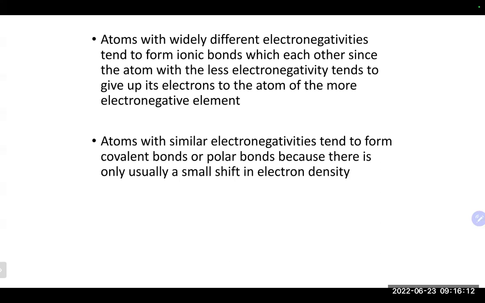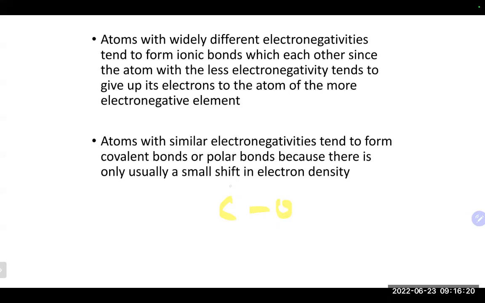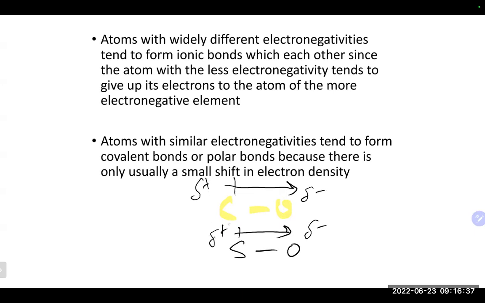If it is a polar bond like we had with carbon and oxygen, you can use dipole arrows to represent it. In this case, we would draw the arrow towards the oxygen as it is more electronegative. Also between sulfur and oxygen, we would draw the arrow that way. Again, oxygen in both cases is more negative, and the other atoms are more positively charged in each of those cases.